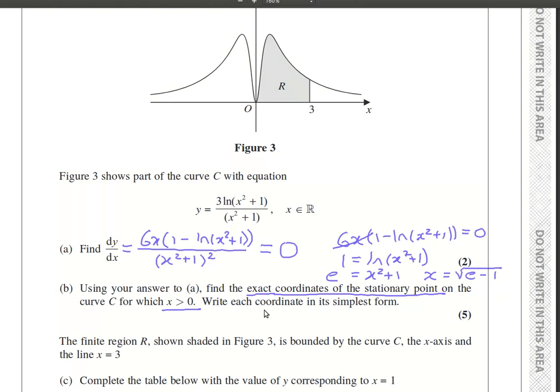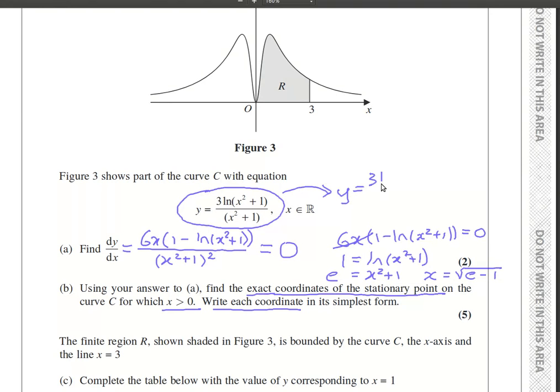Actually, we're not, I beg your pardon, because it does say it wants the coordinate. And therefore, it doesn't just want the x value, it also wants the y value. Okay, so let's use this equation to find y. I don't need to use a calculator. You can if you want, though. This is a calculator paper. We know that x squared is just e minus 1.